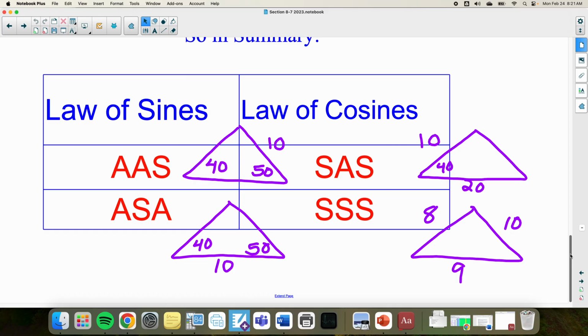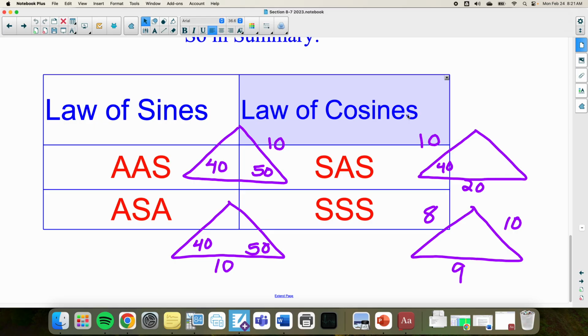Now here, notice over here, you guys, if you ever have 2 angles given, that means you're using law of sines. If you're given 2 sides or 3 sides, that's when you start with law of cosines. So for today, they're going to give us a triangle, and we're going to add 1 part to this.